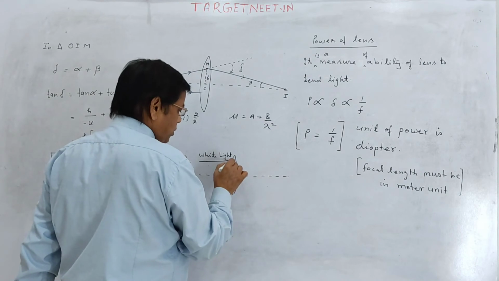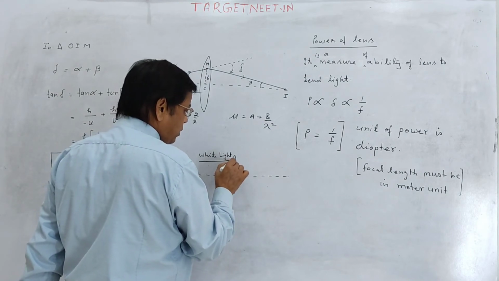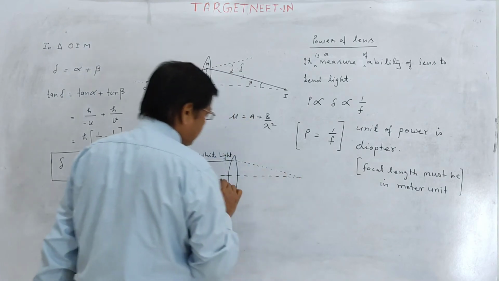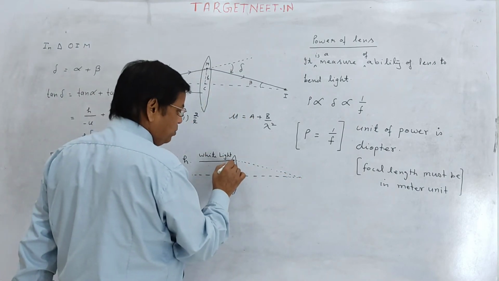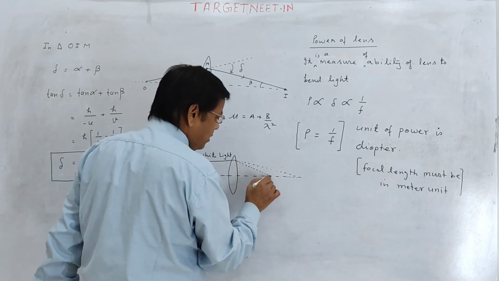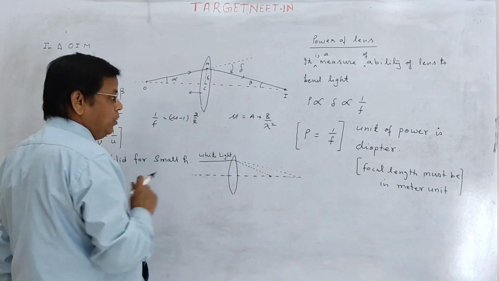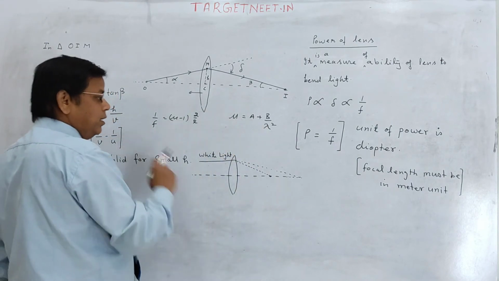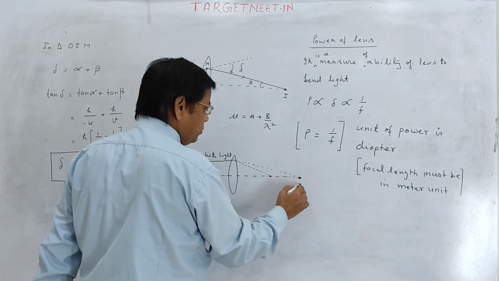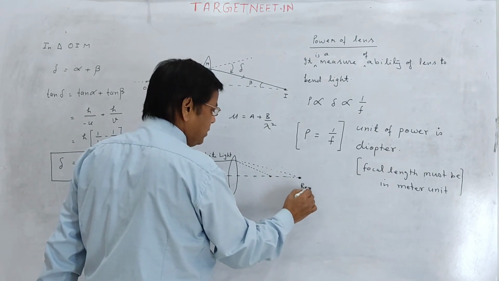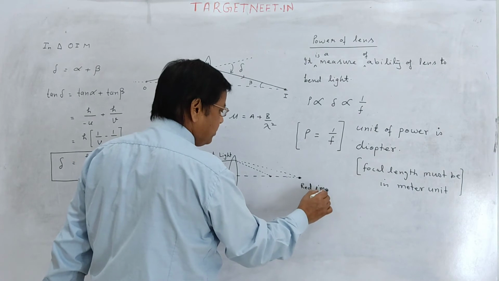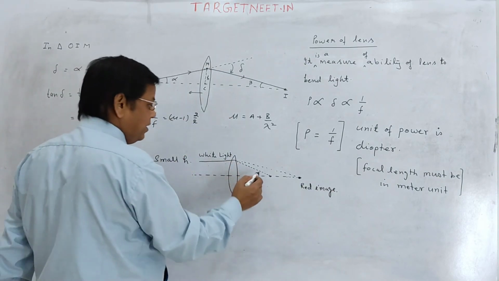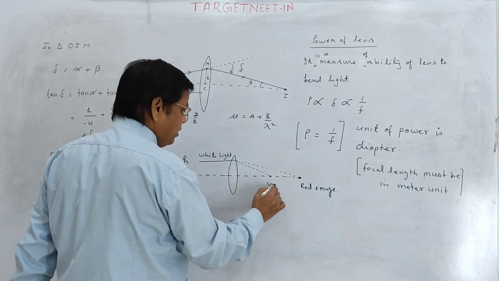So if focal length is more, it is going to bend light at larger distance. If focal length is less, it is going to bend light more, like this. So red color light has lesser refractive index, so more focal length. It means here you are going to see red image. So bending of red color light is lesser than bending of violet color light, and here you are going to get violet image.